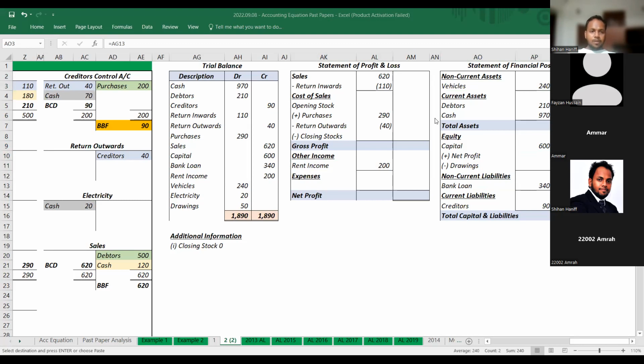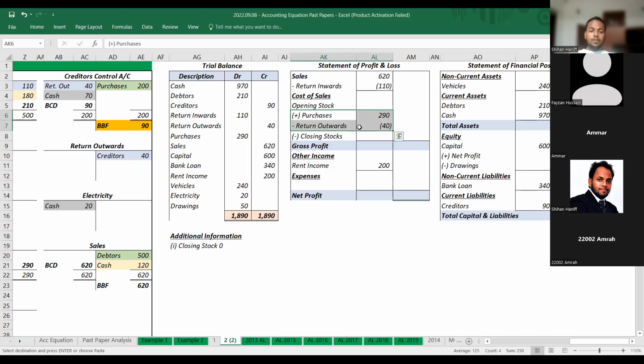There is a question. What is carriage inwards? Carriage inwards means we are carrying the goods from supplier to our stores. So it is an expense related to purchases, and it will be added to purchases.